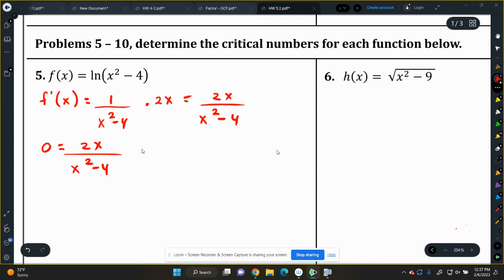So where is this going to be undefined? x equals 2 or negative 2. Does this equal 0 anywhere? That would be when x equals 0.